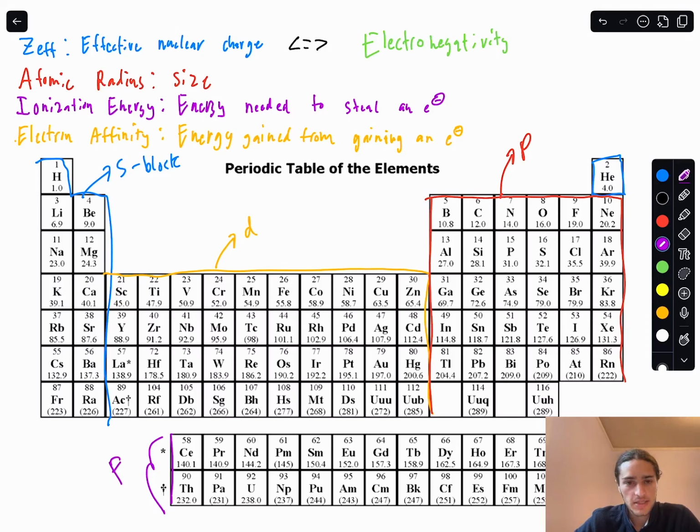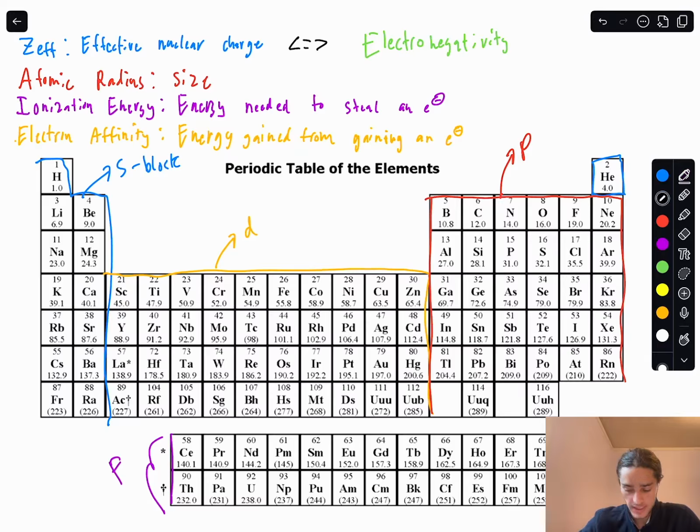The key thing here is that hopefully this is reminding you of something we've already talked about: the electron configurations, right? Every element that's in the P block, for example, is in the P block because its electron configuration ends with the P orbitals.